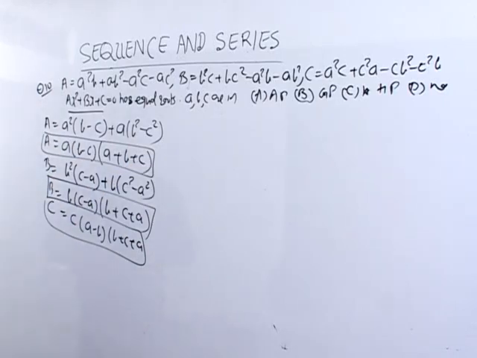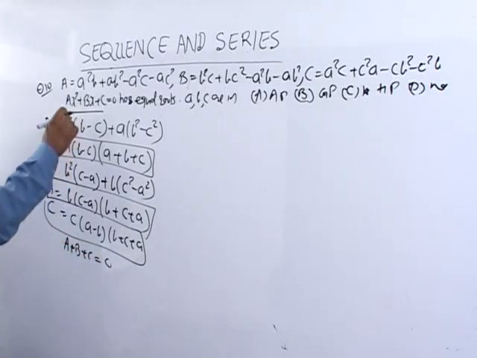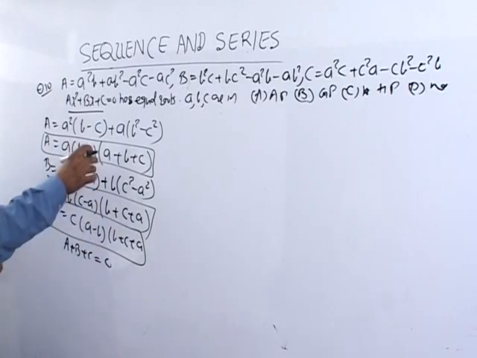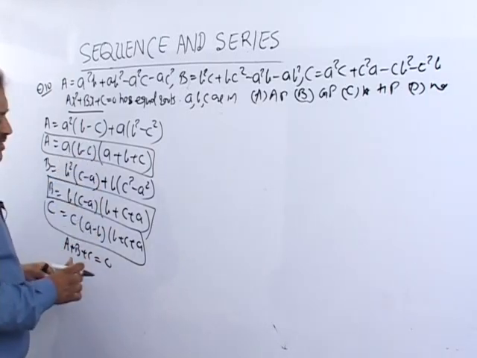Now if we see it carefully, here A plus B plus C is there in each of them. If we add them up, what will come? It comes out to be equal to 0.